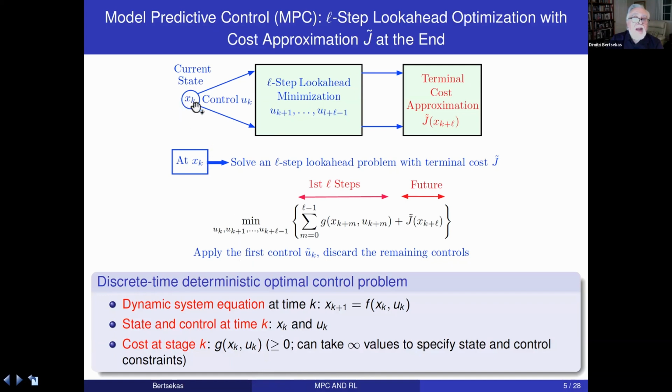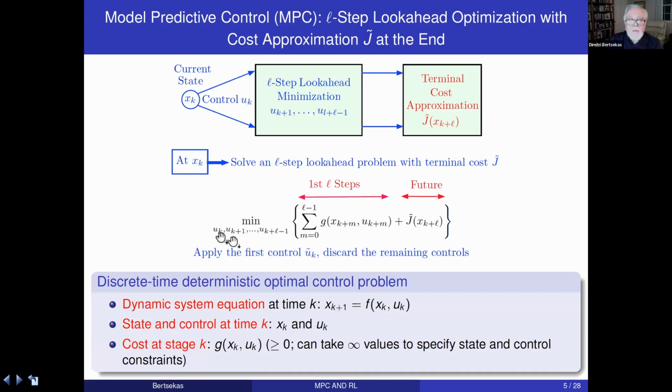At the current state x_k, MPC considers an L-step look-ahead optimization involving the next L controls and a terminal cost function approximation after that, at the state that results after that. The problem that's being solved involves the cost of the first L steps and an approximation of the cost of the future steps by means of this J tilde function.